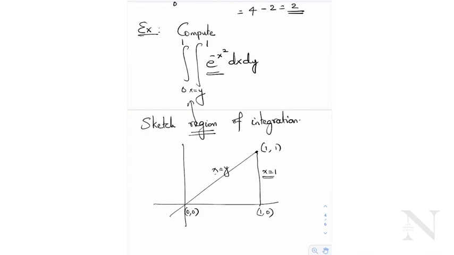So I'm not asking you to sketch the function, just this triangle, and this is what we have. Not the region above the straight line, it's below it, because you know that your y goes from 0 to 1. So it has to be below the line x equal to y, not above it, and x goes from 0 to 1.